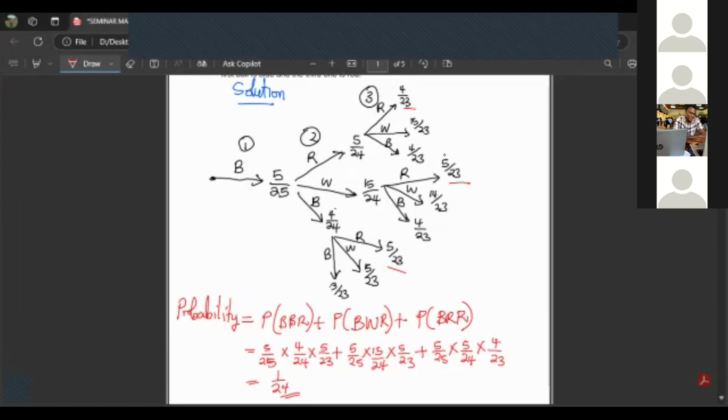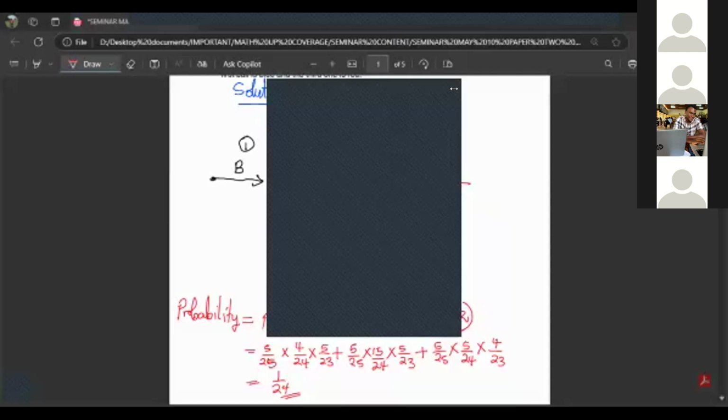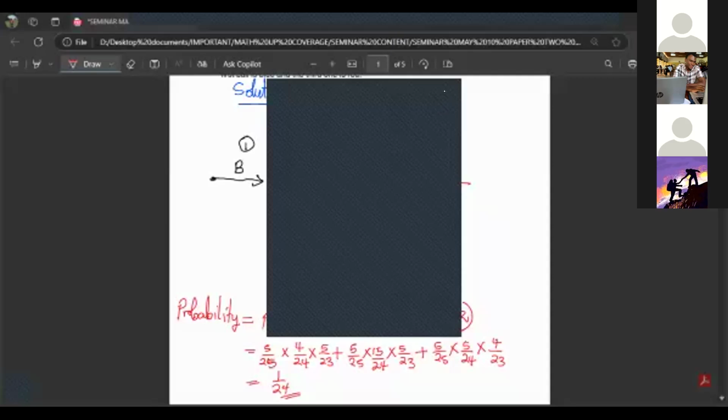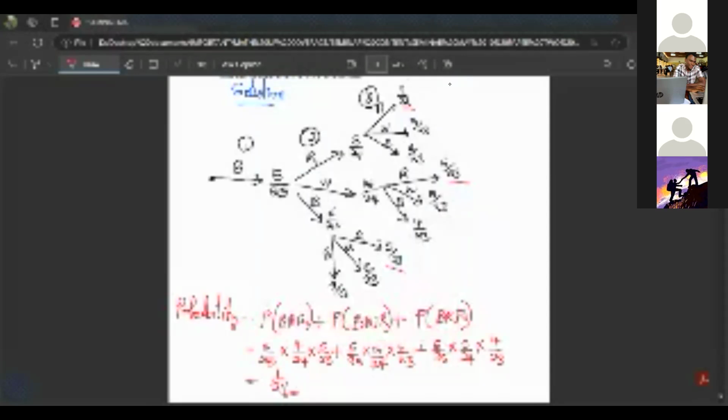Oh, Gabriela Casire, thank you for asking a question, but I wish you could send them as messages to the entire chat so that everyone can benefit. She's asking how come it's not 4/23 for the last white? I don't know which part you are talking about.